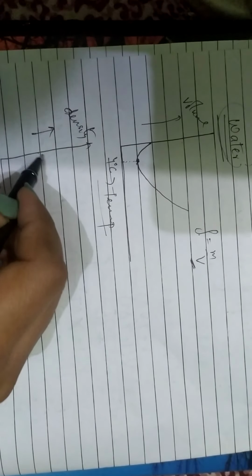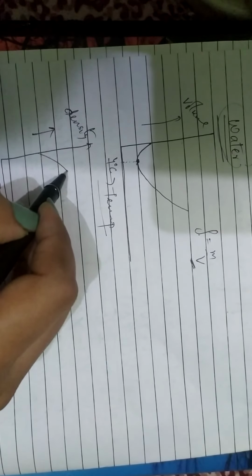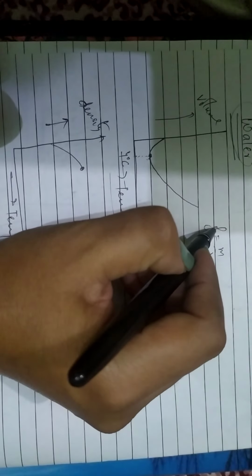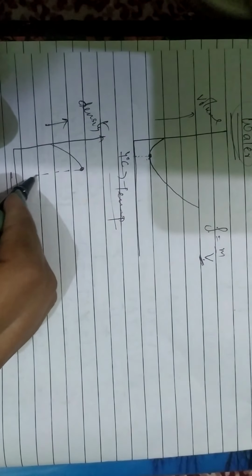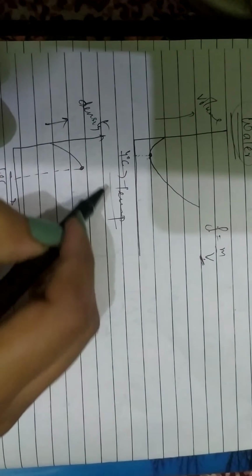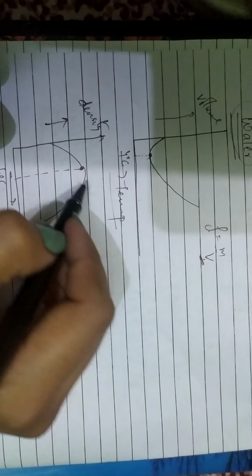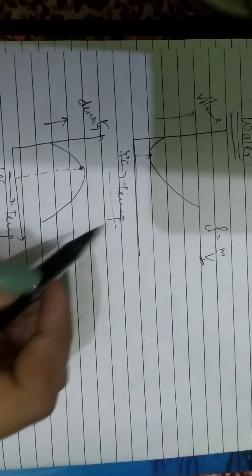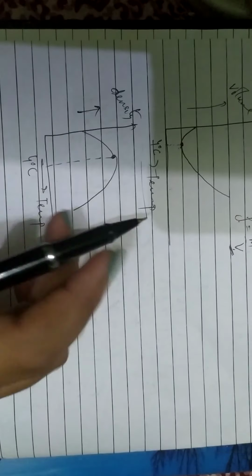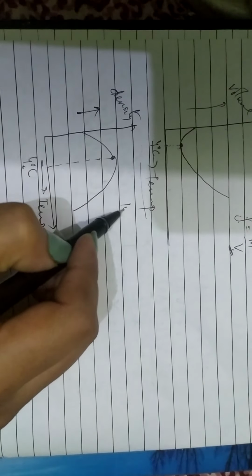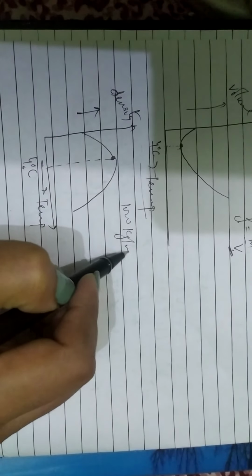Up to 4 degrees Celsius, the volume is minimum, so the density of water becomes maximum. So the density of water is maximum at 4 degrees Celsius, and after that its density keeps on decreasing, because as volume increases, density decreases. This maximum density at 4 degrees Celsius is 1000 kilogram per meter cube.